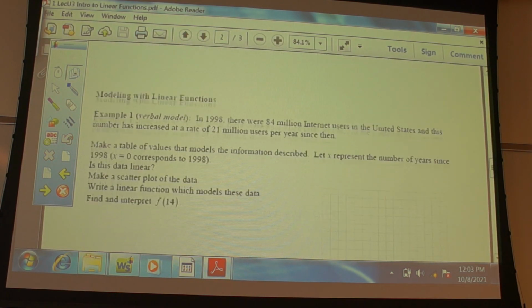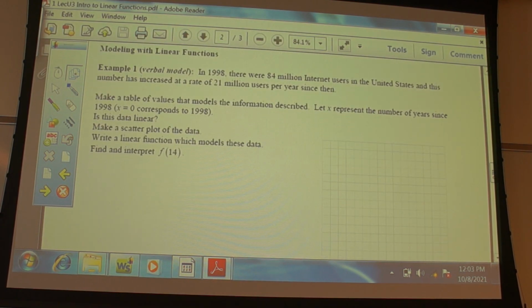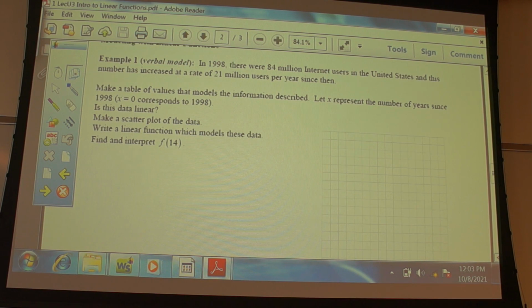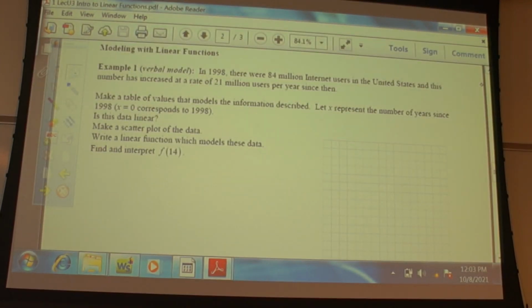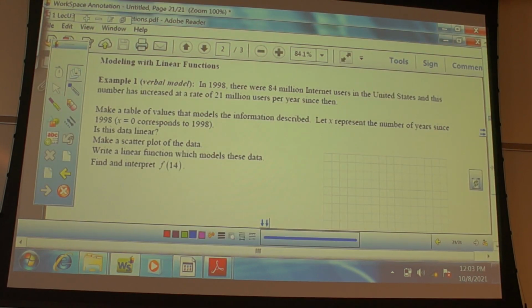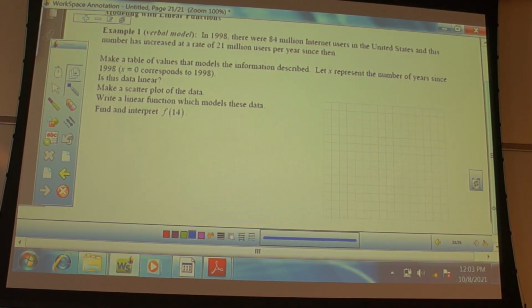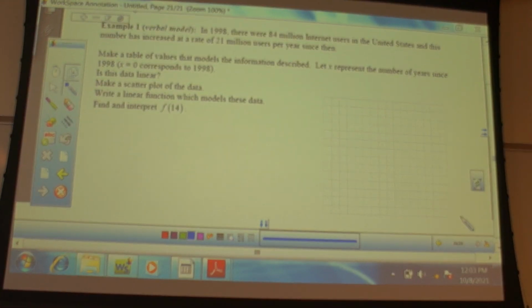Move on down. So now we're going to look at modeling. Ryan, go ahead and read for me. In 1998, there were 84 million internet users in the United States, and this number has increased at a rate of 21 million users per year since then.